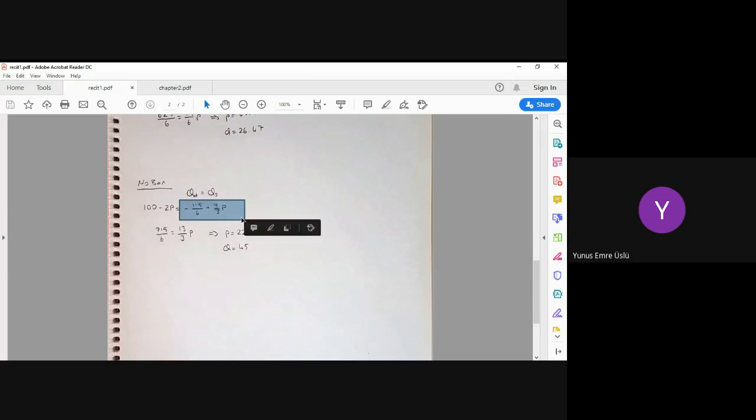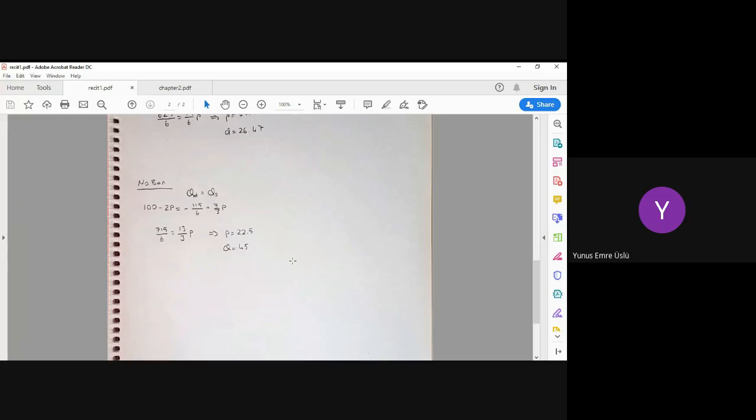And this is our total quantity supplied, minus 115 over 6 plus 7 over 3p. If we do the algebra, putting this on the left side and that on the right side, we get p as 22.5. And putting p in one of the equations, we get an equilibrium quantity of 45.